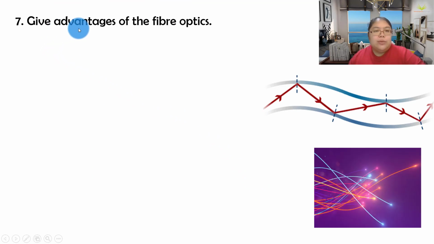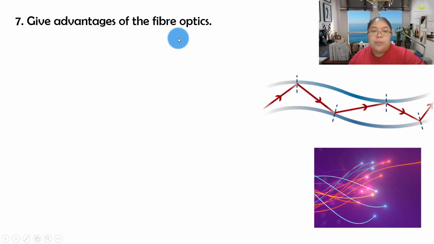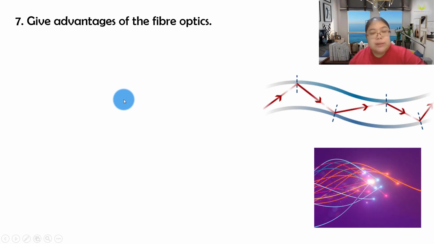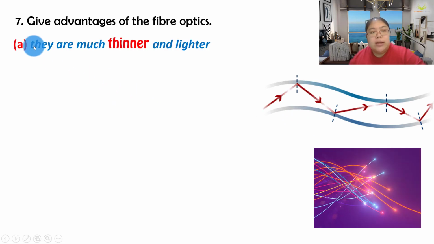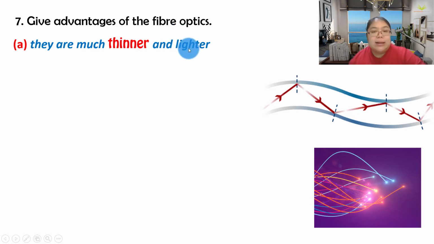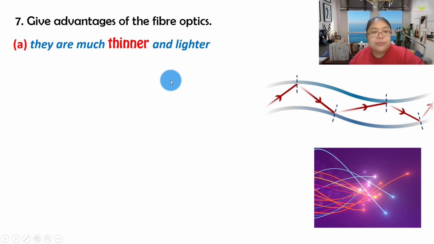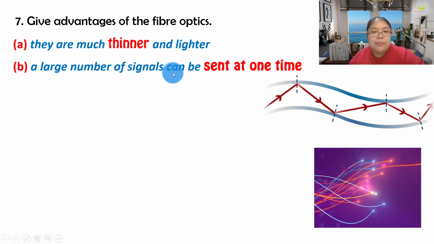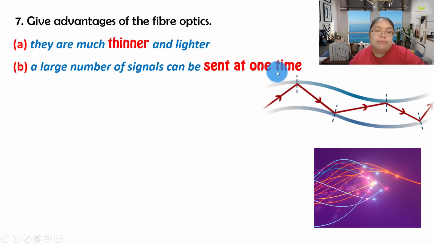Okay, now we need to give advantages for fiber optics. Why are we using fiber optics? This one will come up for the essay question. First, they are much thinner and also lighter. Thinner and lighter means it's easy to carry. Number 2, a large number of signals can be sent at one time.